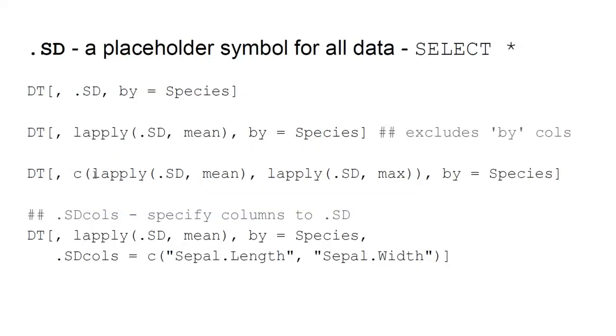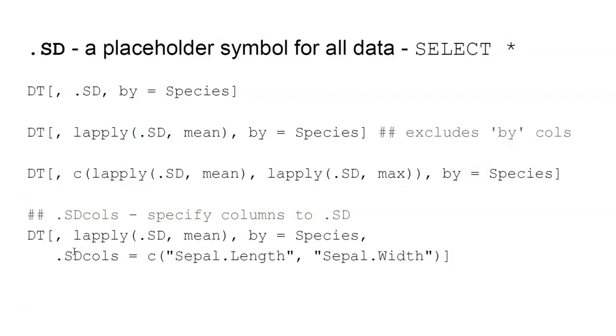And because j likes lists, we can easily use whatever function we want to still have a list. So in the third statement, we calculate min for all columns, and we calculate max for all columns. Those two results are lists, and with the c function, we just combine them into a single list.